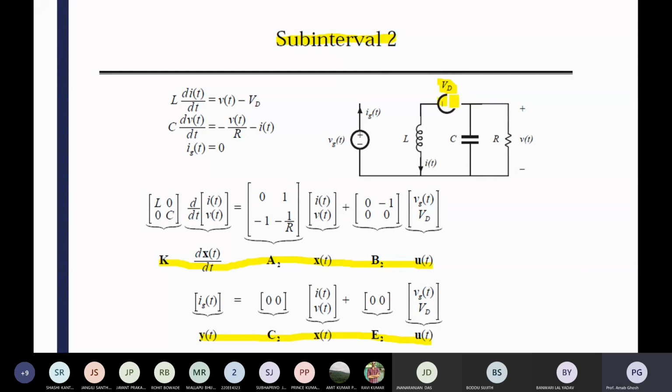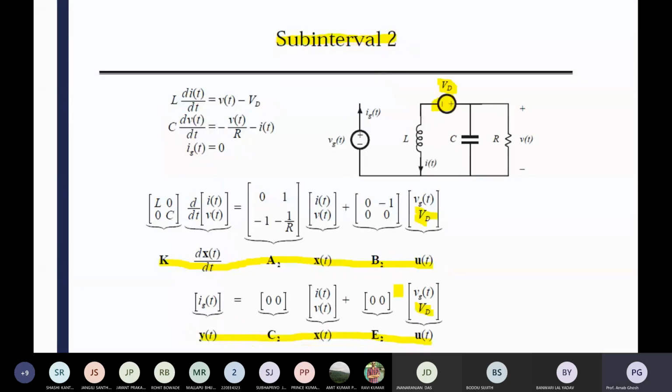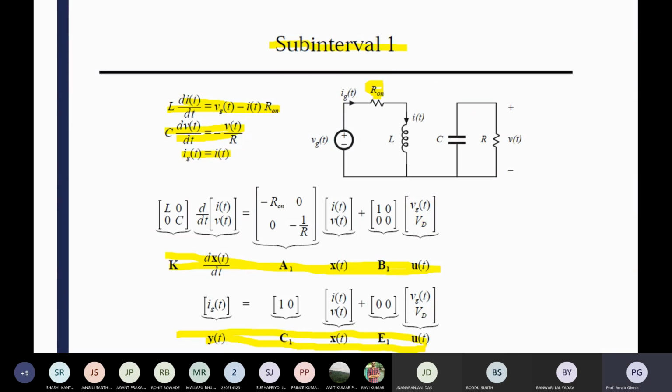You can see that your equations consist of this parameter, both for the state equation and the output equation. Here you are able to see that r1 is there. I think you are able to understand how to get those values.